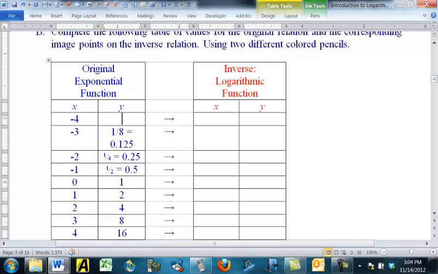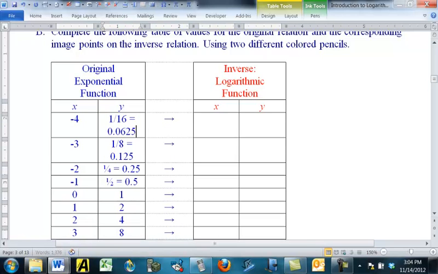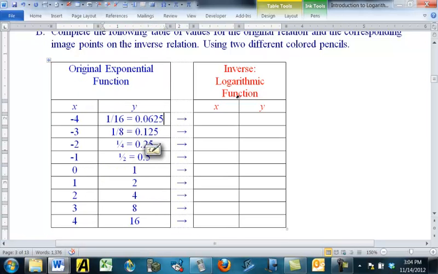And 2 to the negative 4 is 1/2 to the 4th, that's 1/16, which is 0.0625. Let me format that just a little bit better.